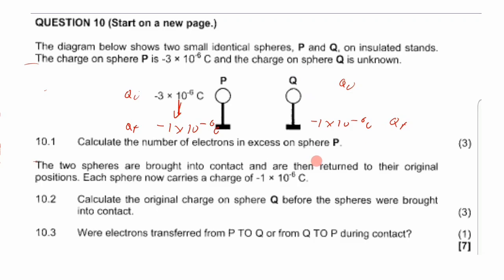So in order to calculate that one, we will use the formula. Remember, every time we are told that the spheres come into contact and then are separated, we use the formula for the principle of conservation of charge, which goes Q new is equal to Q1 plus Q2 over 2. Now the Q new here represents the final charge of each of the spheres, which is -1 times 10 to the exponent of -6, right?